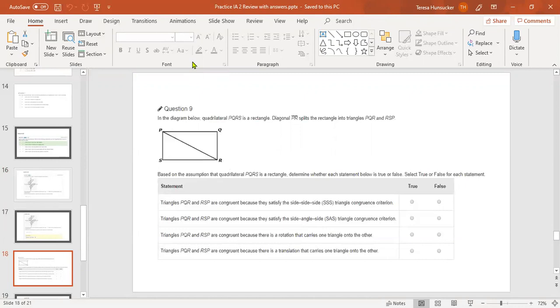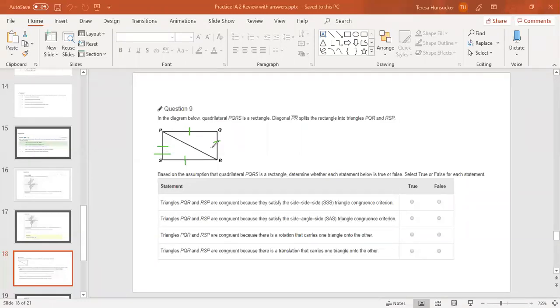So it states that triangle PQR and RSP are congruent because they satisfy the SSS triangle congruence criterion. Okay, opposite sides of a rectangle are equal. So I know PQ and RS are congruent. I also know that PS is congruent to QR.